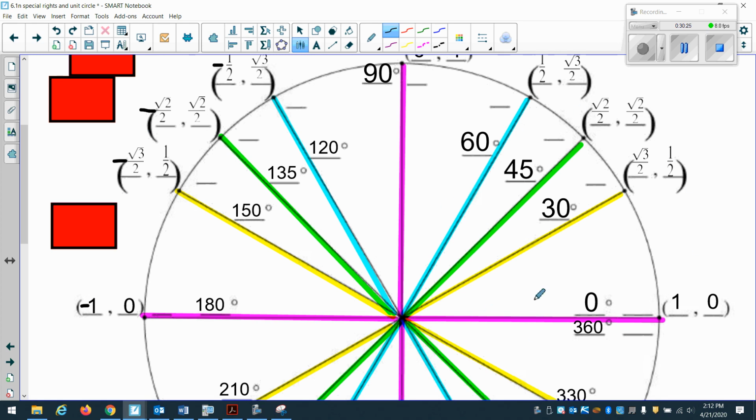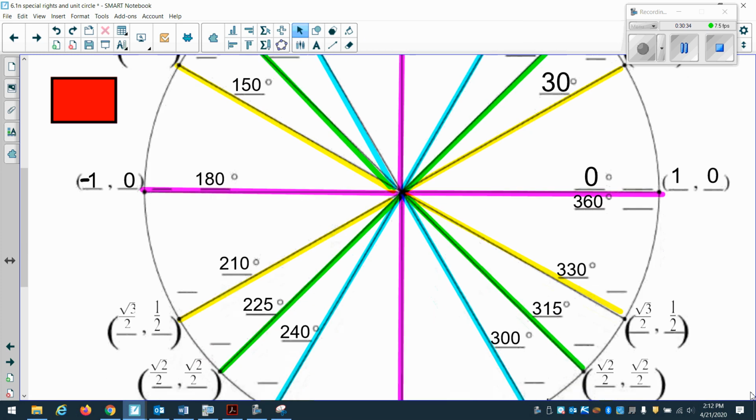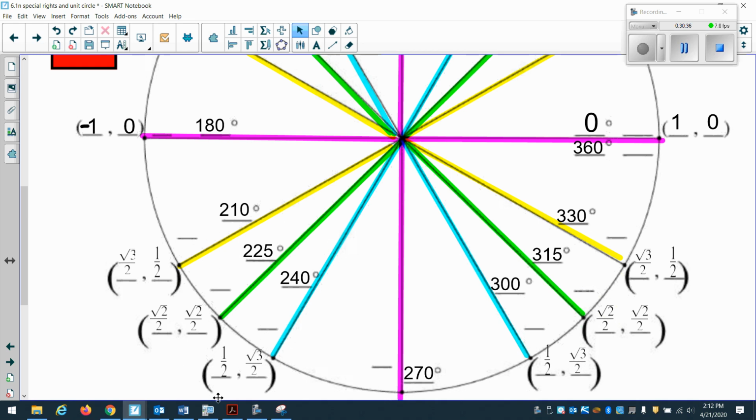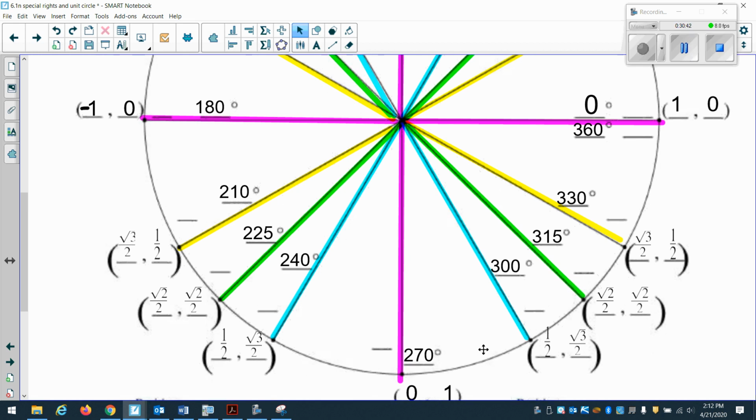Okay, so again, coordinates are still the same. If you know this first quadrant, you could fill out this whole entire unit circle. So what I have below is the third and fourth quadrant, where again, same coordinates, but what's going to change? Their signs. So 210 is very similar to 30 degrees.